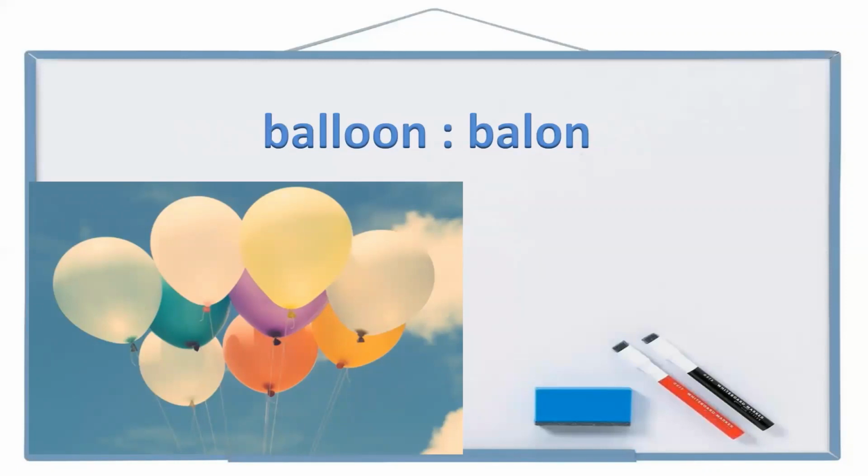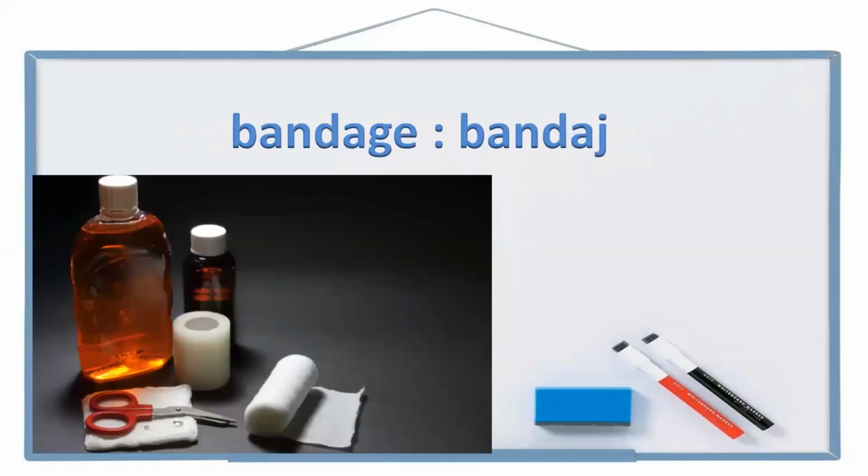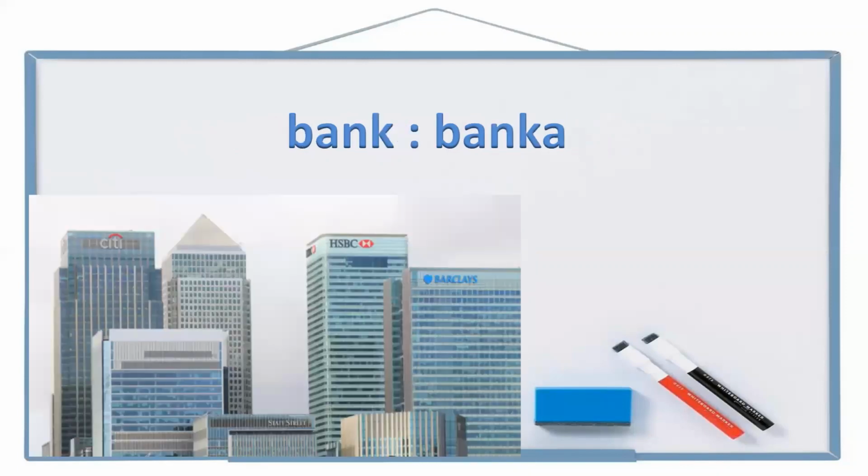One more time, balon. Next one, bamboo is bamboo. One more time, bamboo. And the next one, bandage is again G alternates itself to J and it becomes bandaj. One more time, bandaj. All right.